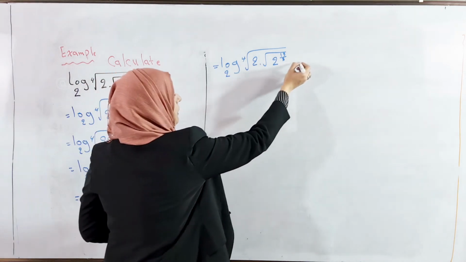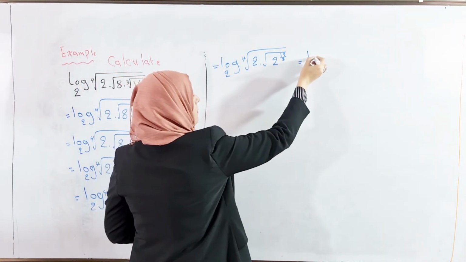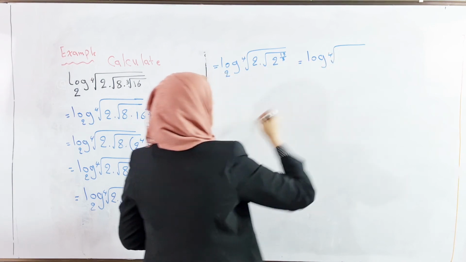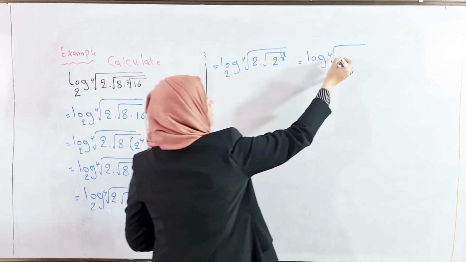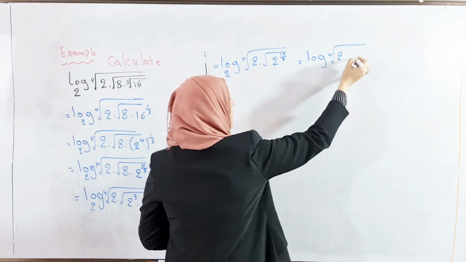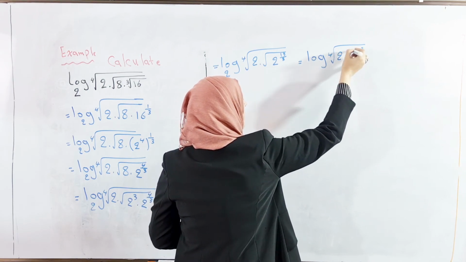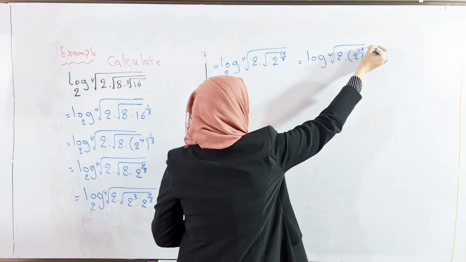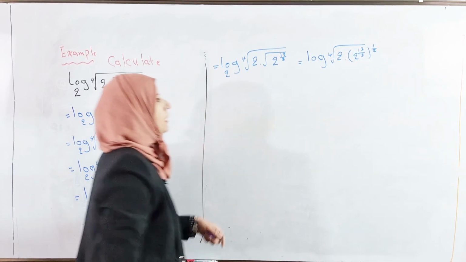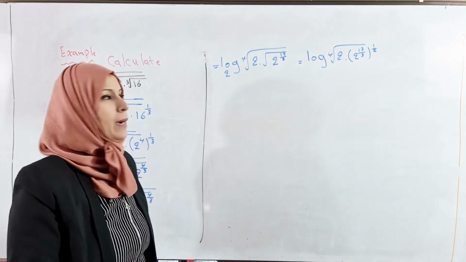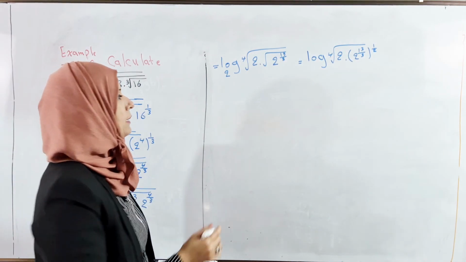Now will be logarithm 4th root 2 multiplied by 2 power 13 on 3 and it's raised to power 1 on 2. هذا عندي الجذر التربيعي رجعته هو عبارة عن أس 1 على 2.